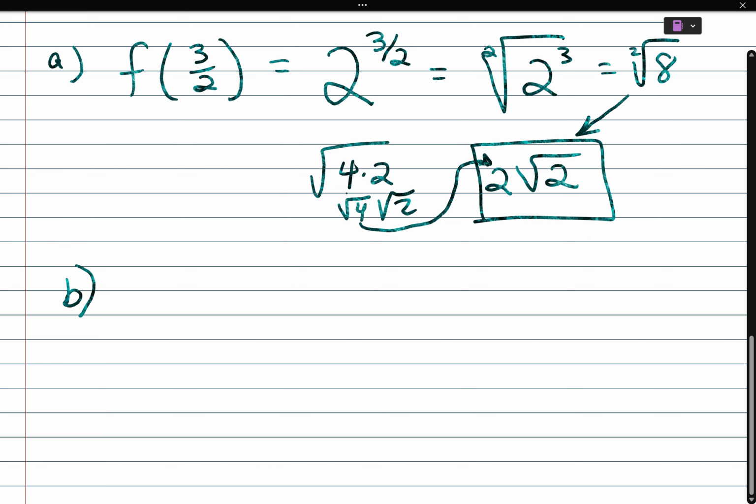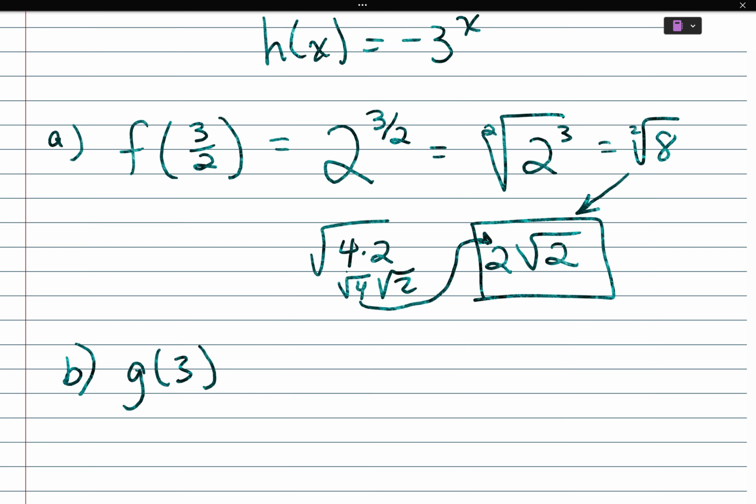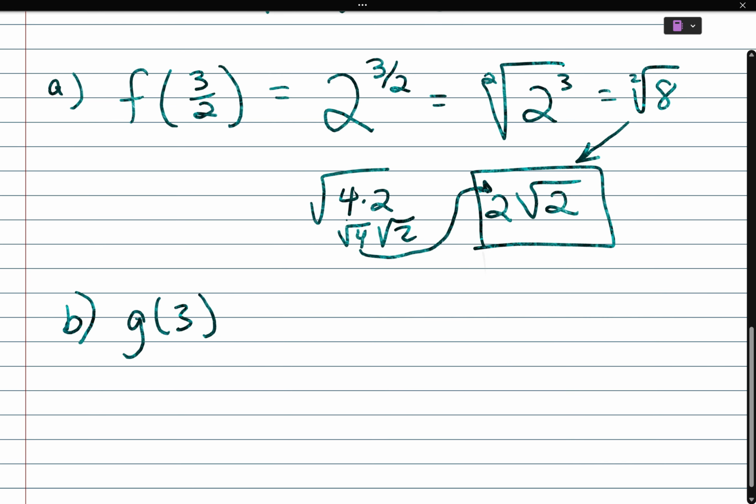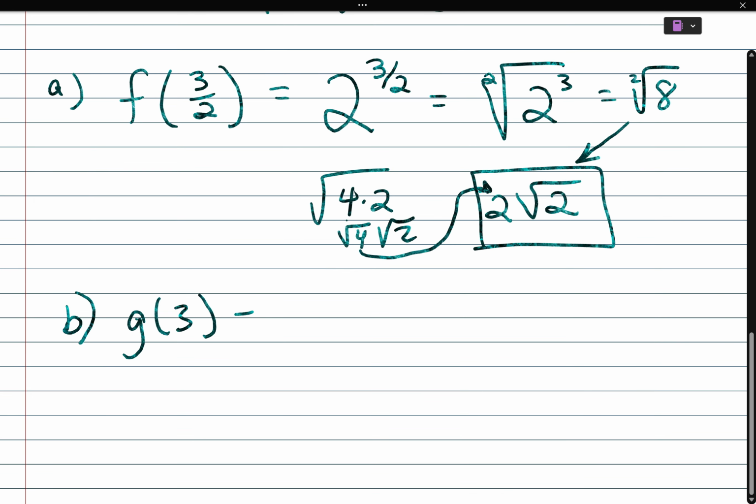Second example, let's go ahead and use one of the other ones. We'll use g of 3. So because it has a g, we're using function g, the x is 3, we're going to use the g of x. The g of x is equal to, what was it? 1/4 raised to the 1 minus x power.